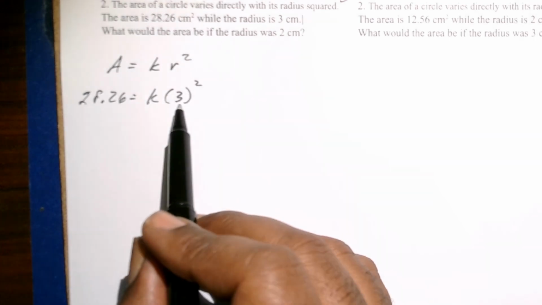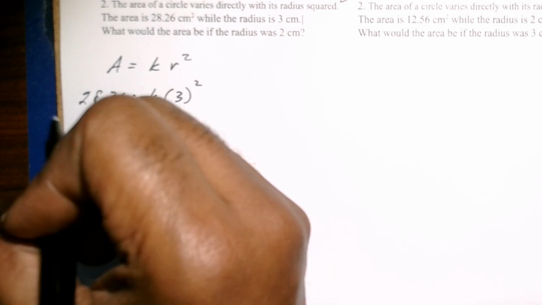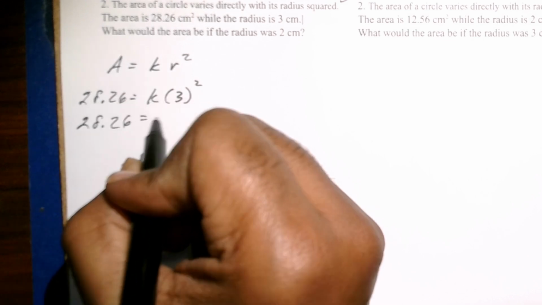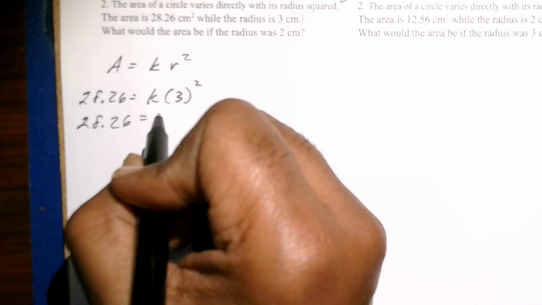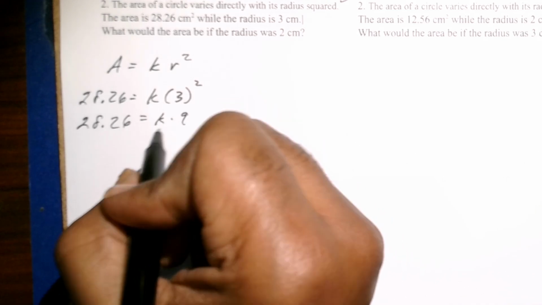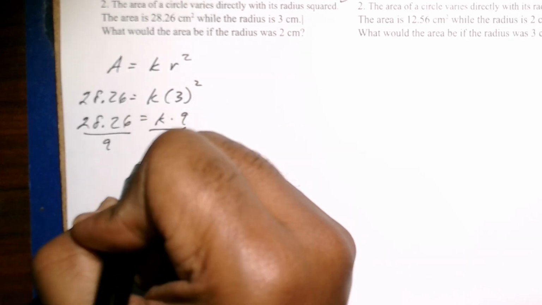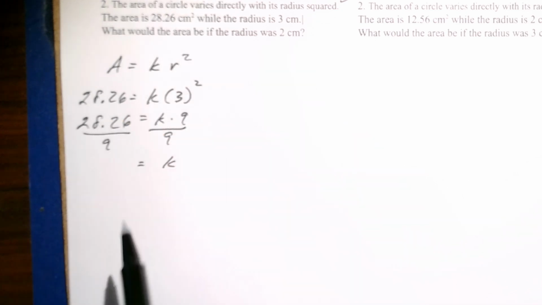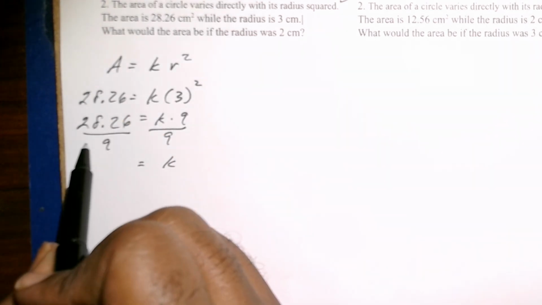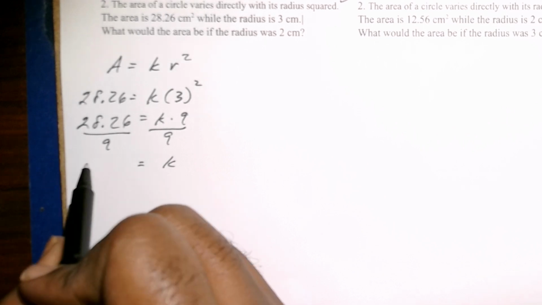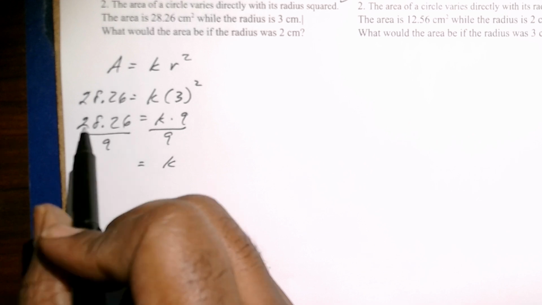Now, 3 squared is 3 times 3, which is 9. So this is 28.26 equals k times 9. And then we'll divide both sides by 9. And we find here that k is, let's see, 9 goes into 28 3 times, leaving a 1.